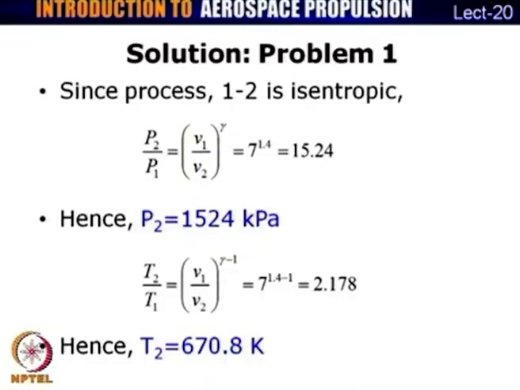Therefore, it is 7 raised to 1.4, which is 15.24. So, since P1 is already given as 0.1 megapascal, P2 is equal to 0.1 into 10 raised to 3 multiplied by 15.24, and therefore, you get P2 is equal to 1524 kilopascals.